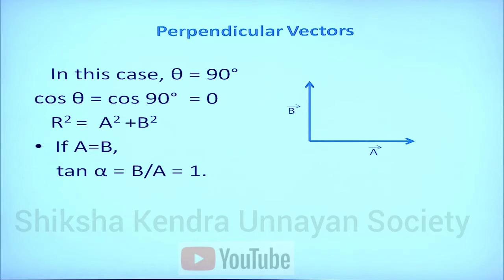Again, in another special case, if we take A equal to B, then tan alpha, the direction of that resultant vector, equal to B by A, and that is equal to 1 because B and A are equal. So, if tan alpha equal to 1, that means alpha equal to 45 degree, hence the resultant will make an angle of 45 degree with the vector A.